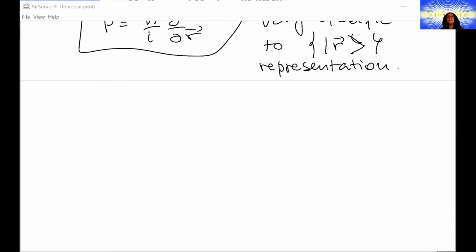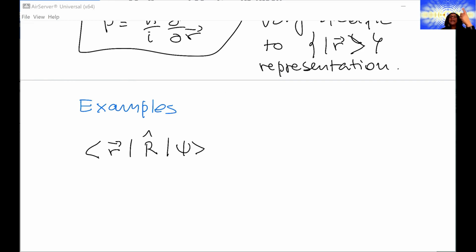And we're going to state here how they look. For instance, I'm not going to prove it, but it is nice if you can do it. If you compute this, I want to write the operator R in the R representation. So I'm going to have <r|R|psi>.